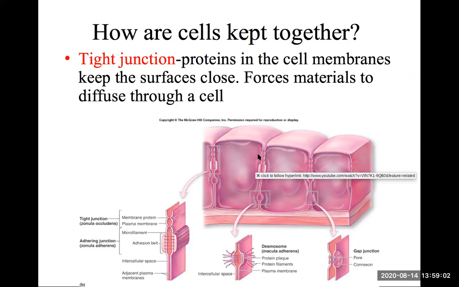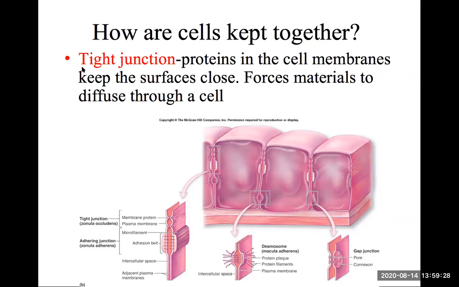This is really important in the cells that line your body in order to help keep out invasive materials like viruses, fungi, bacteria. So your skin, the lining of your mouth, all of that is made by cells called epithelial cells. And epithelial cells are kept quite close together. So how do they do that?